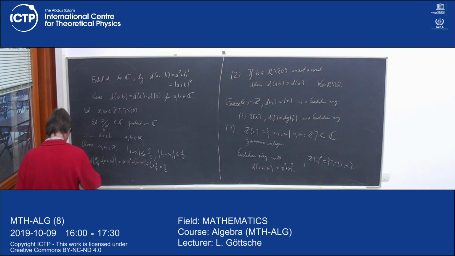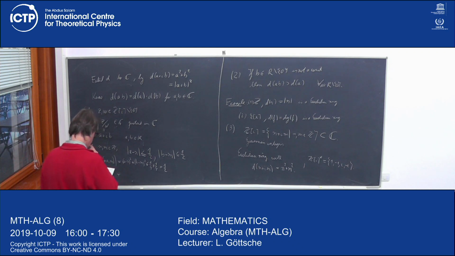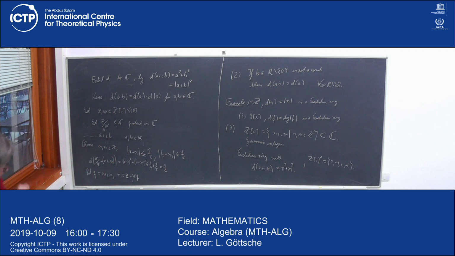And now we put the quotient q to be n plus im, and the rest to be whatever is left over. So this is r equals z minus w times q, and we want to see that this satisfies this condition.